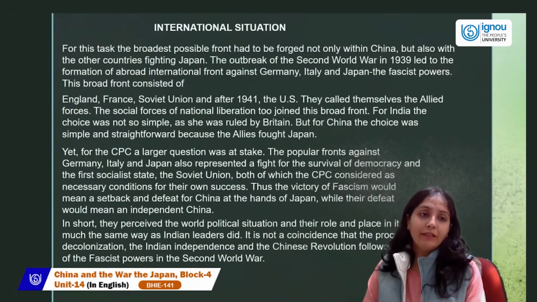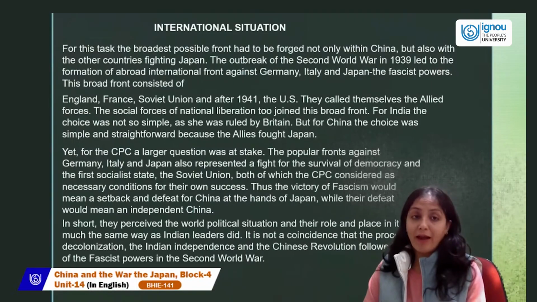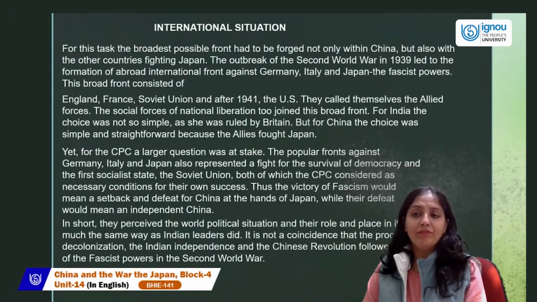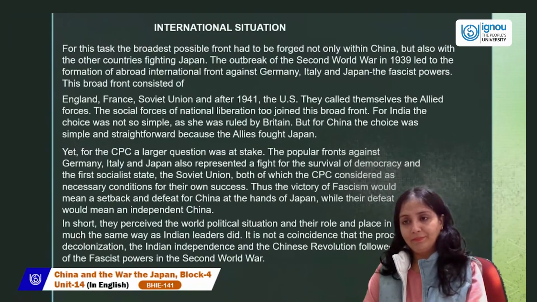This broad front consisted of England, France, the Soviet Union, and after 1941, the US. They called themselves the Allied Forces.